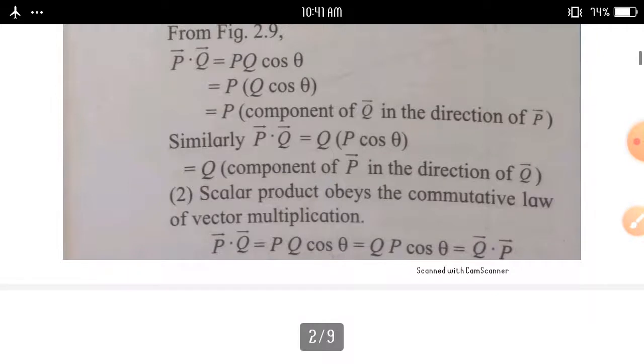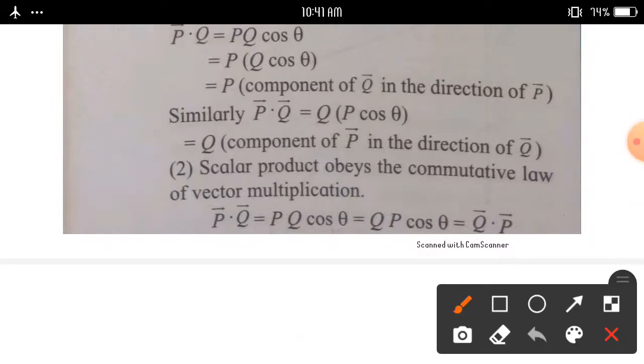Second characteristic: scalar product obeys the commutative law of vector multiplication. We can write p bar dot q bar; according to the definition, this is pq cos theta.